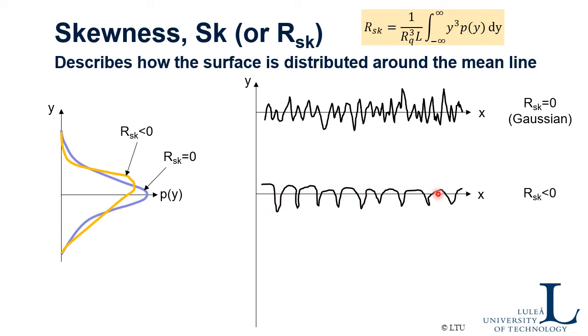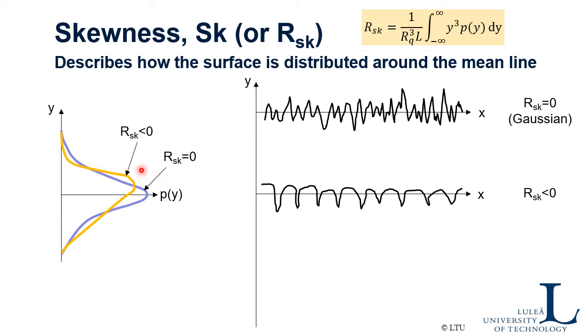This could be a run-in surface that looks like this. Then you deform the highest peaks and flatten them out, and you automatically get a negatively skewed profile. And that is what we call negative skewness. You see the mathematical expression here.